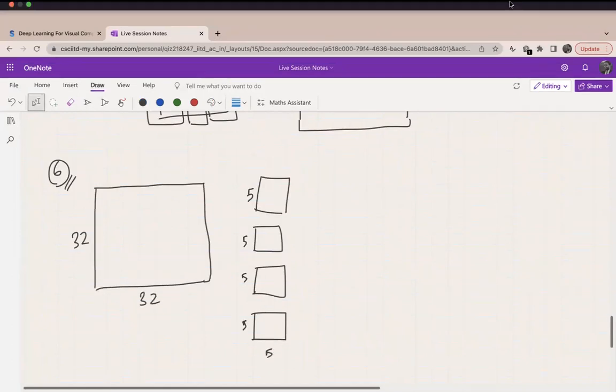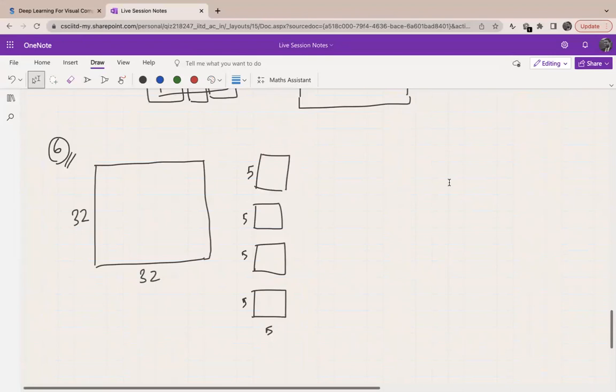Each filter is 5 cross 5, and the padding here is 0, so we don't have anything around it, and the stride is 1. With this configuration, we know what the output will be.